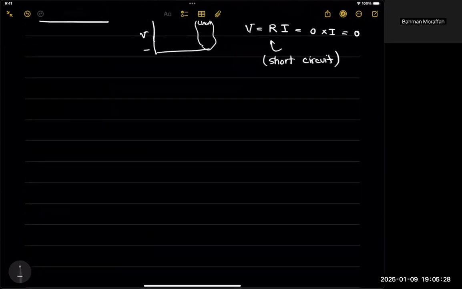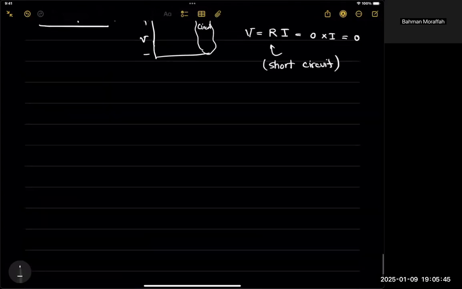But now we know Ohm's law. We basically know the relationship between V, I, and R. But what if my circuit is a little bit more complicated? How can I solve that circuit? That brings us basically to Kirchhoff's laws.